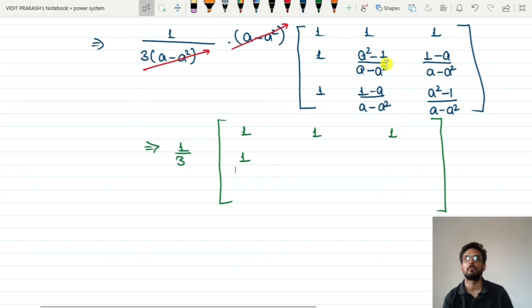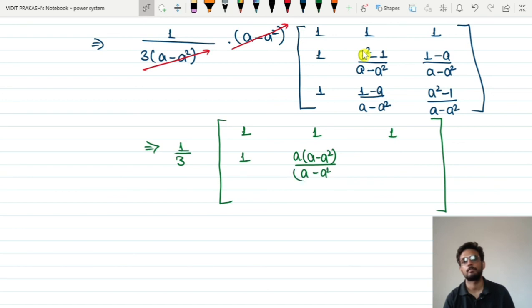So what is 1? 1 is A cube. Okay, we can write 1 as A cube. So if we write A cube here and we will take common A, then this will be A minus A square, right? So this will be A into A minus A square divided by A minus A square, okay, into 1 minus A. If I take common A in the denominator, we will get 1 minus A, right?